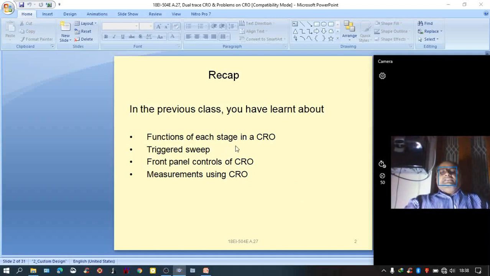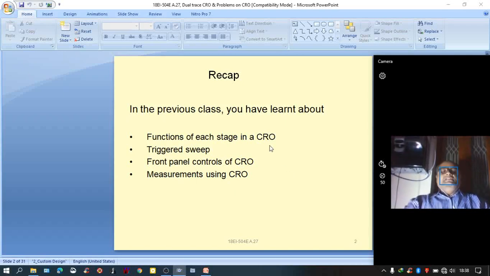In the previous class, we have seen what are the functions of each stage of CRO and what is a triggered sweep. Then what are the front panel controls of CRO and measurements using CRO.